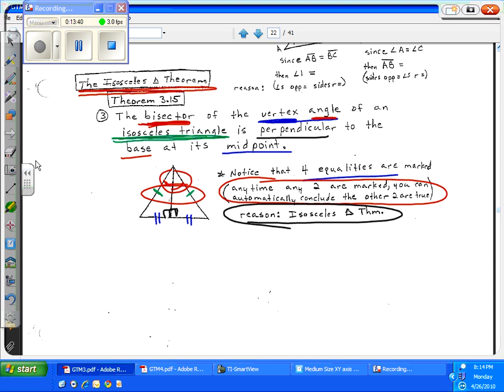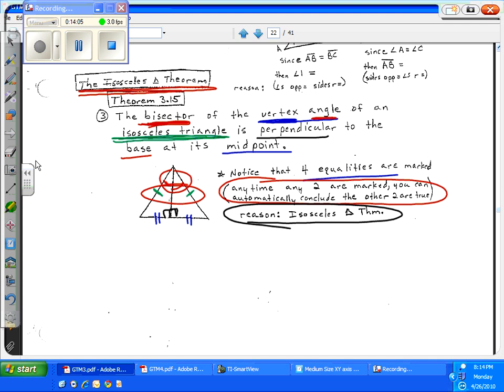An isosceles triangle is a triangle with two equal sides. The two equal sides are called the legs. The third side is called the base. The angle included between the legs is called the vertex angle, and the angles at the base are called the base angles. If two sides of a triangle are equal, we know that the angles opposite those equal sides are equal.